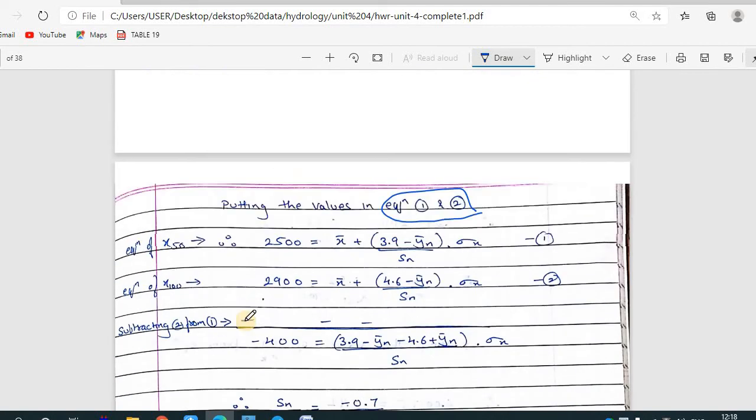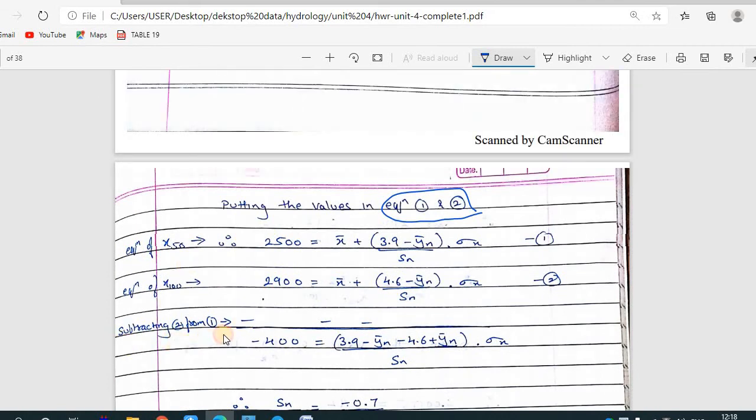Okay, so now by subtracting equation 2 from 1, what can we get? So if we are subtracting this equation, we will get what? 2900 minus 2500, that will give you minus 400. Okay, because this is minus, this will be minus, so this will be minus 400. Okay, x bar and x will get cancelled.